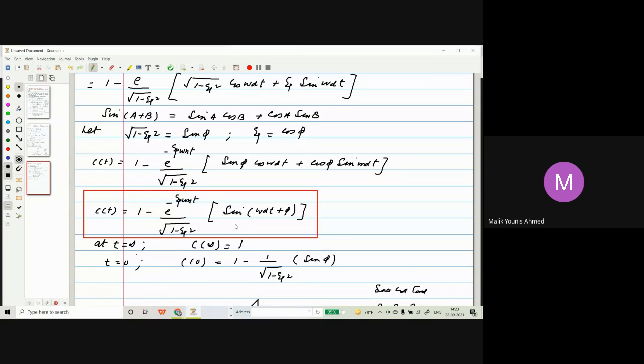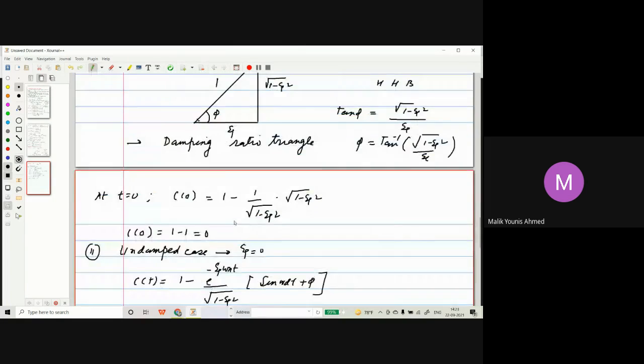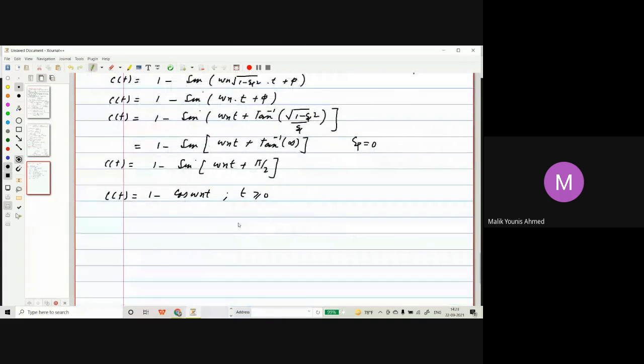Thus, we can conclude that the step response of an underdamped second order system is a damped sine wave.